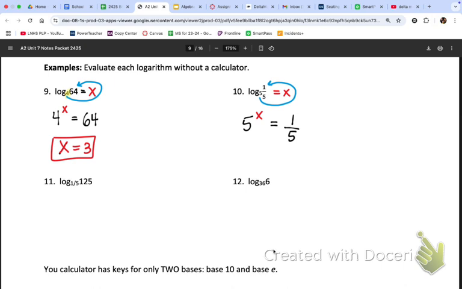Okay, so if this was a -1 power, I'm going to do an arrow over here, 5 to the -1 sends it down to become 1 over 5 to the first. Okay, so your answer is x equals -1. This is another example of the negative exponent, okay? If you're on Delta Math, it's probably not going to want you to put the x equals. It's just going to want you to put the answer, -1.